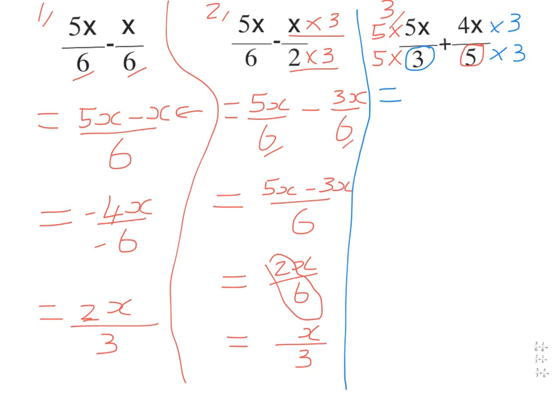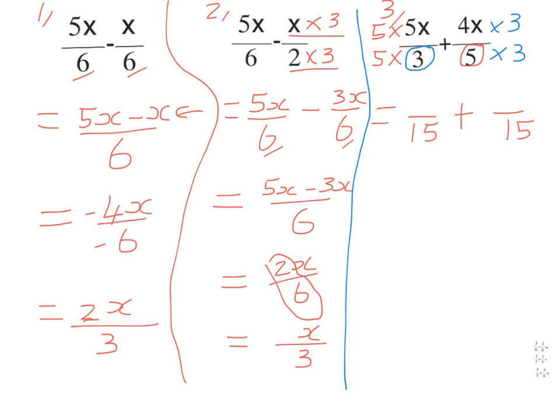Now, when I rewrite them, the plus is still here, and I'm just rewriting the problem. Now 5 times 3 is 15, and 3 times 5 is 15. So that was always going to give me 15 on the bottom line. That was the whole point, 3 times 5.